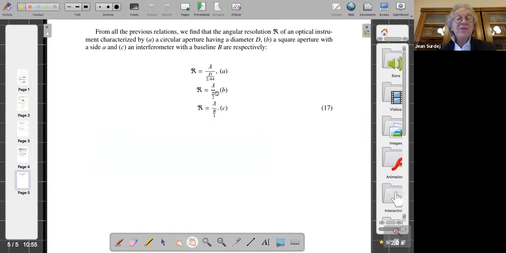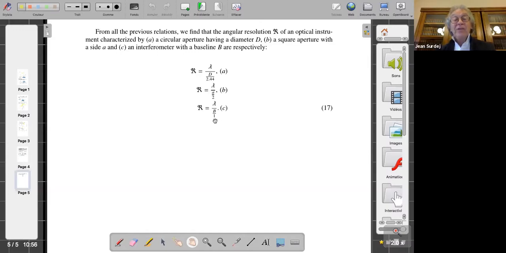Now, for the case of a square aperture, whose side is A, we have seen that the angular resolution is lambda over A divided by 2. And now for the case of an interferometer, the angular resolution is lambda over B divided by 1, because it's lambda over B. And what you see here is that we have a factor 2.44, here a factor 2, and here a factor 1.